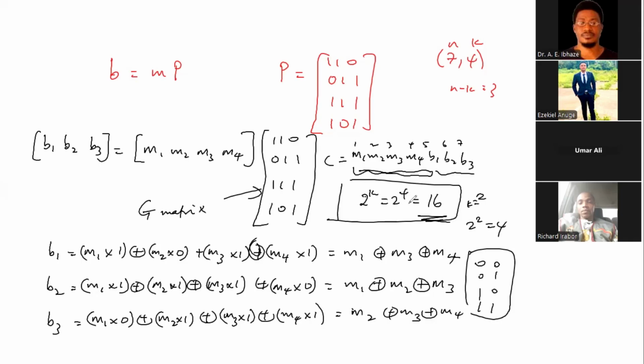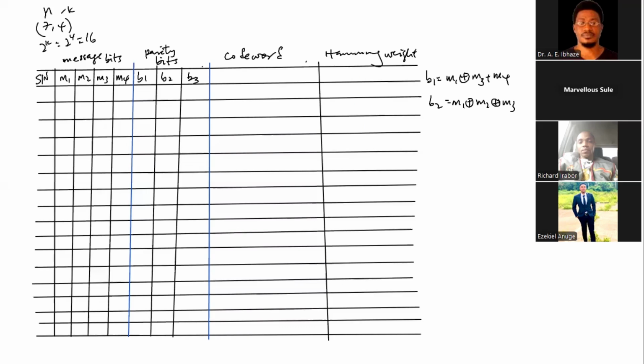And once we have that, we can now use these formulas to add the different bits to get the parity bits for each of those code words. So this is what we need. And then B3 will be the same as M2 plus M3 plus M4.